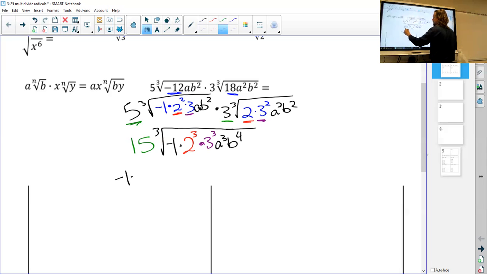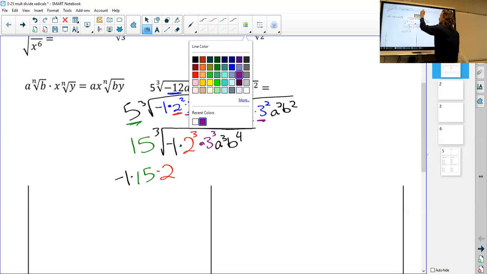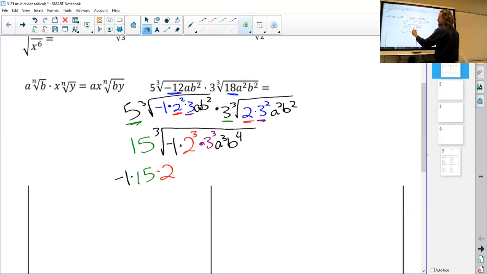put that first, then we have 15. 2 to the third power, the cube root of that is 2. Back to purple. The cube root of 3 to the third is just 3. The cube root of A to the third power is just A, right?